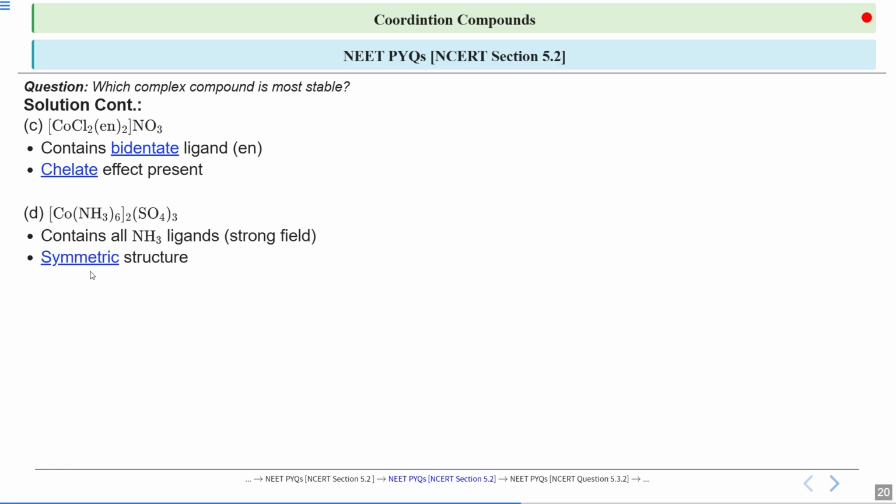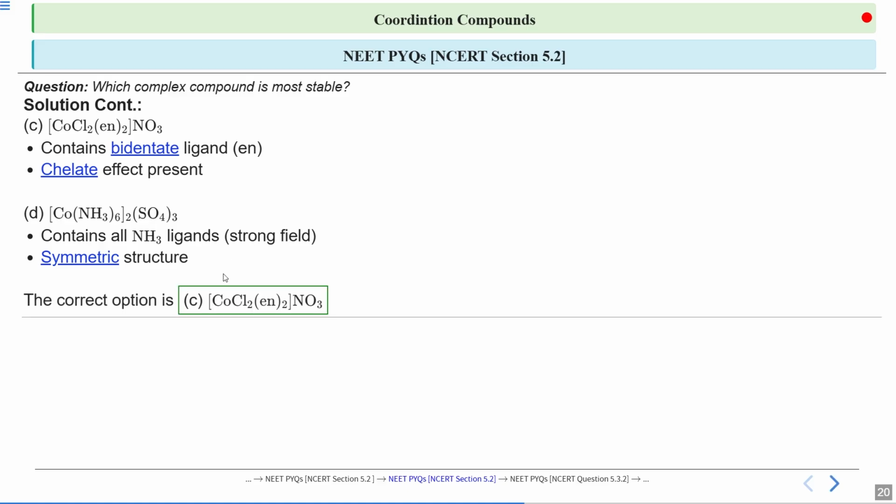So it has a symmetric structure due to the presence of the same ligand. That means the most stable complex is going to be the one in option C, due to the presence of the chelate effect, due to the chelating ligand en, ethylene 1,2-diamine. So the correct answer will be option C, that is [Co(Cl)2(en)2]NO3.